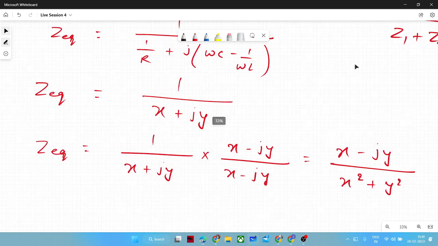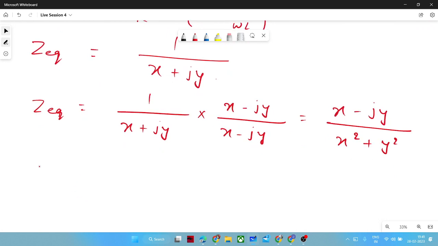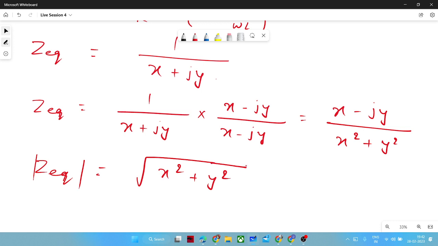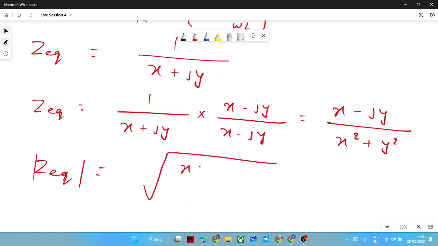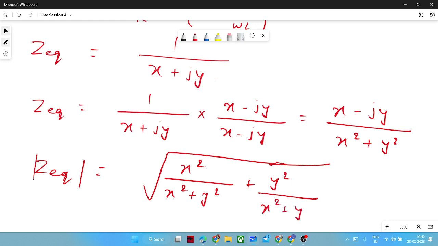Are you following? Yes, sir. So now your magnitude will be under root x square plus y square, divided by x square plus y square, that is, under root of x square divided by x square plus y square, plus y square divided by x square plus y square.